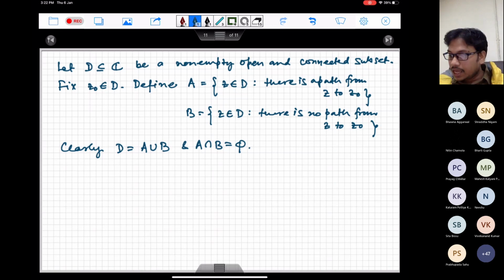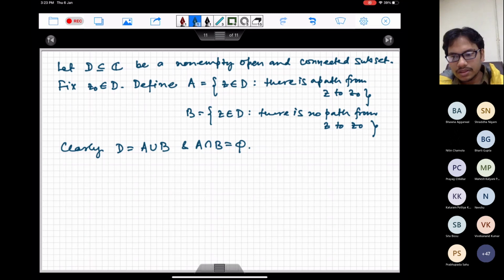Okay, so now can you tell me that if I show that D is equal to A, or B is equal to empty, will I be done? For example, if I show that D is equal to A, will I be done? Yes, sir.